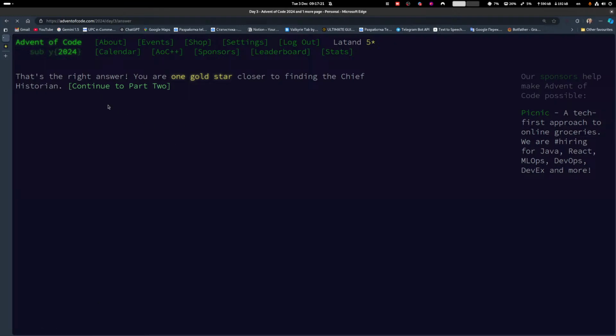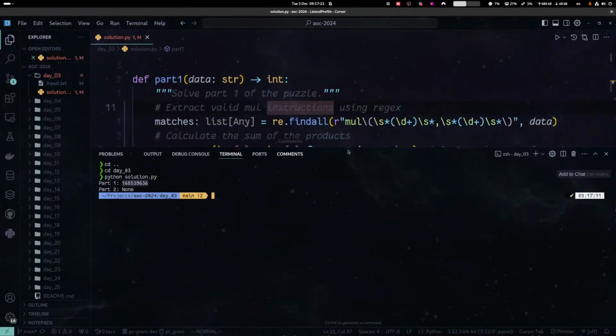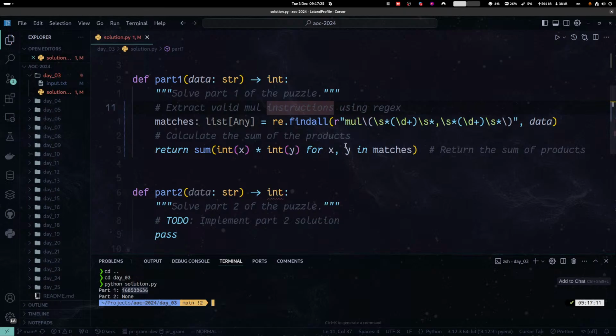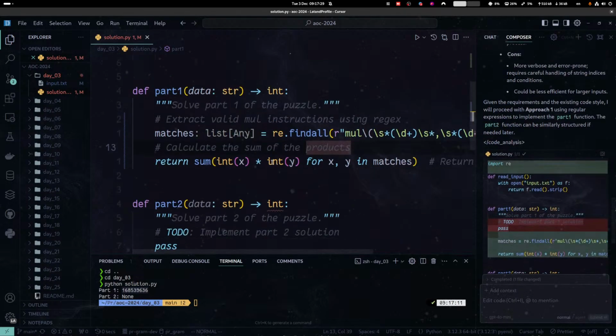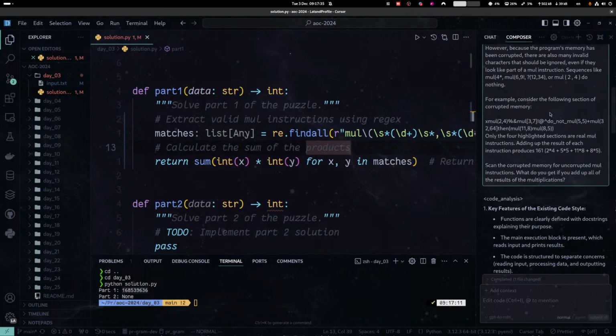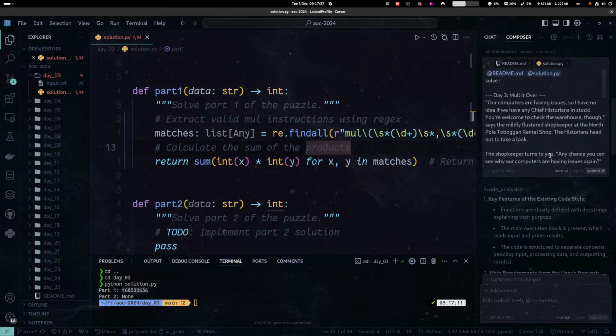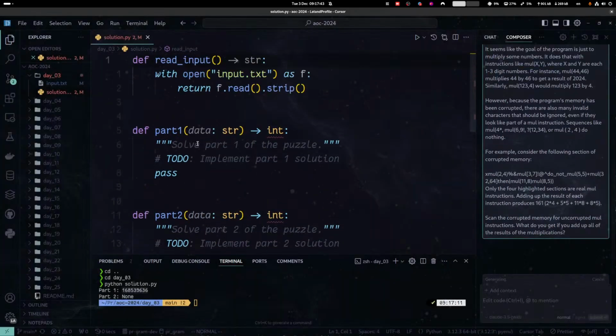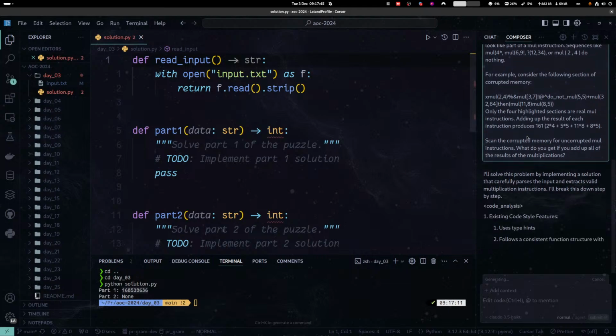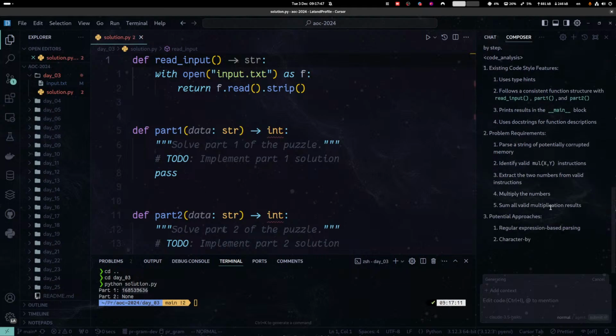Yeah, one gold star. Alright, then we are going to try the same thing with Claude 3.5 Haiku. I'm not sure if it will be able to solve this somehow differently, but we'll try. And it's reverting the solution, and it's generating a new one.